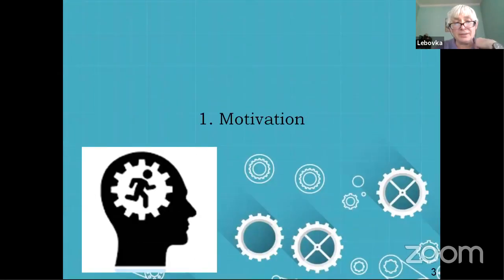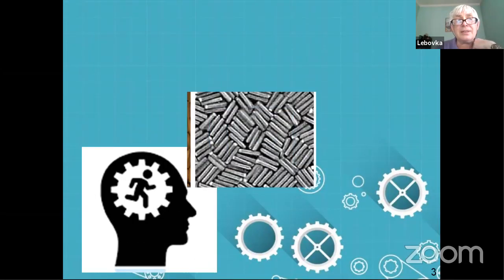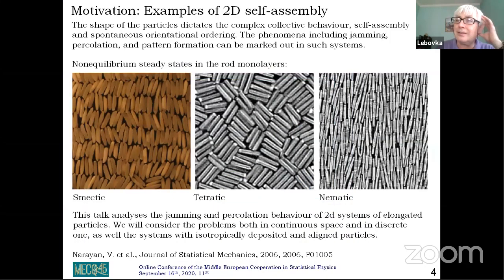About motivation, I want to say that two-dimensional self-assembly is a very hot topic in modern investigation. The shape of the particle dictates the complex behavior, self-assembly, and spontaneous orientational ordering.